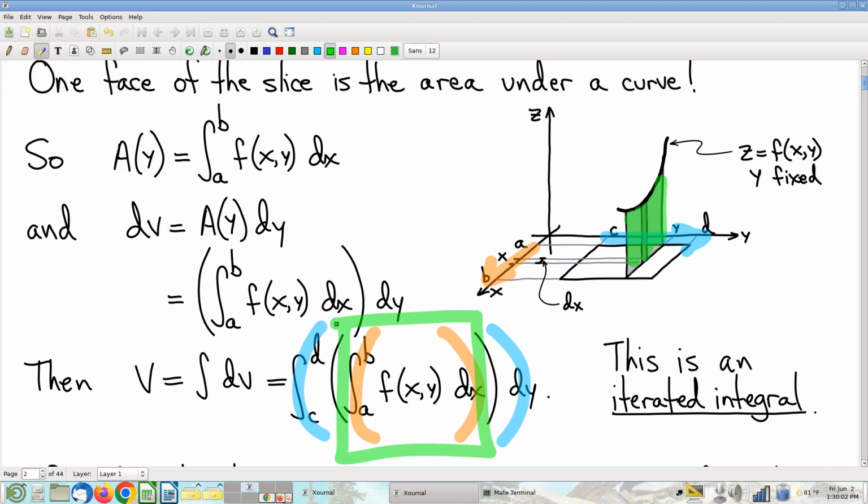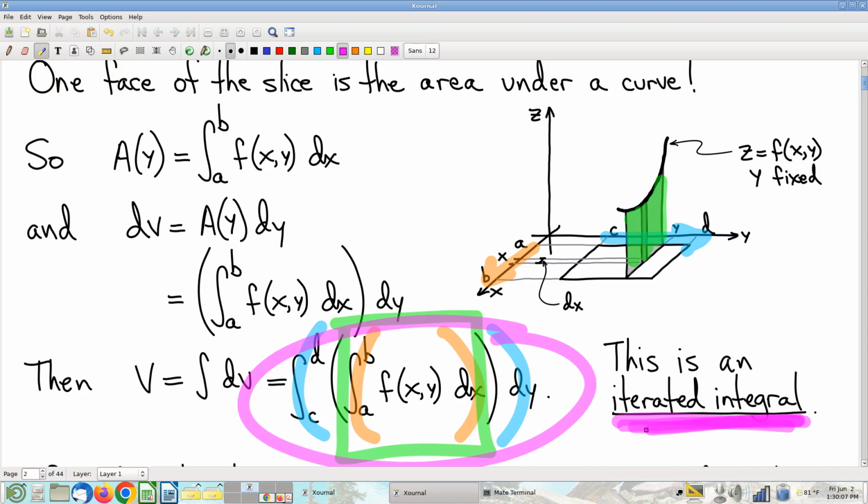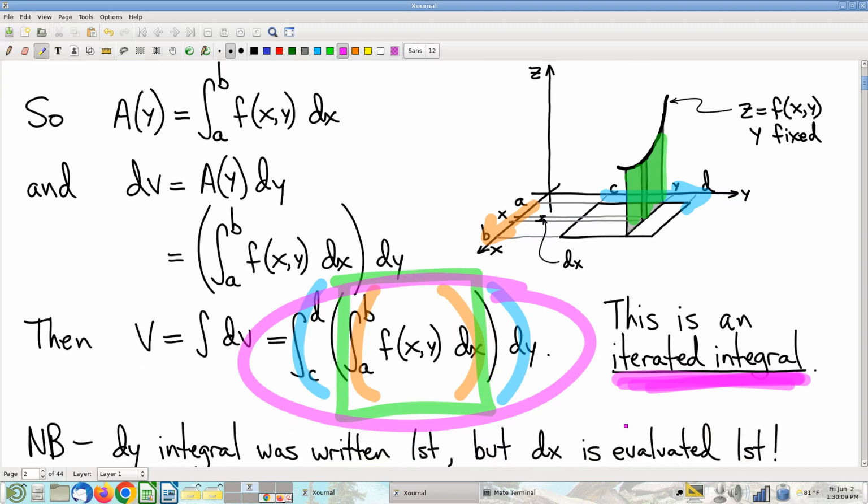Okay, so this is called an iterated integral. Never really liked that term. Iterated to me suggests we're doing something repetitiously. I recognize we are doing an integral of an integral, and that sounds like a repetition, but very importantly, they're very different integrals. A dx integral in the x direction, a dy integral in the y direction, totally different things. So I don't really like this term.